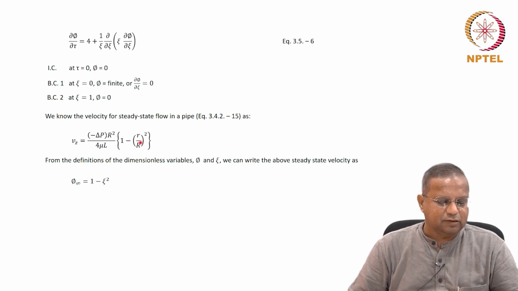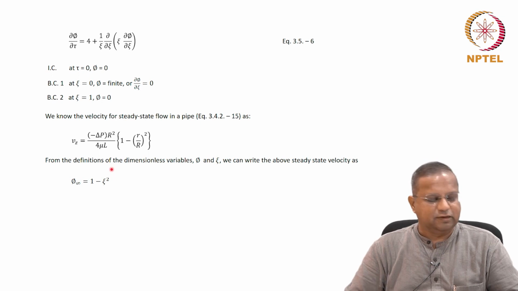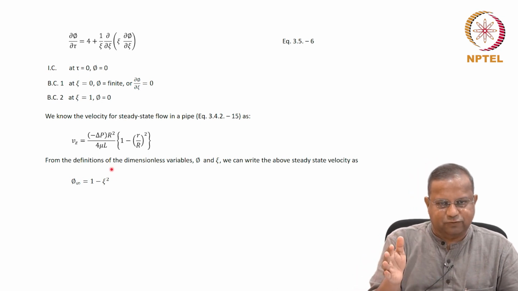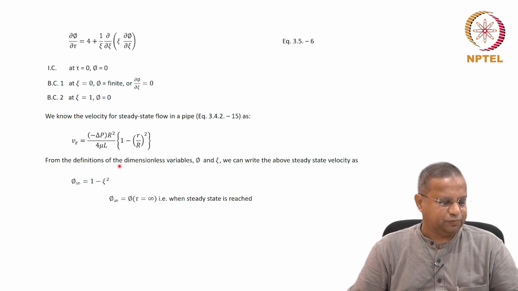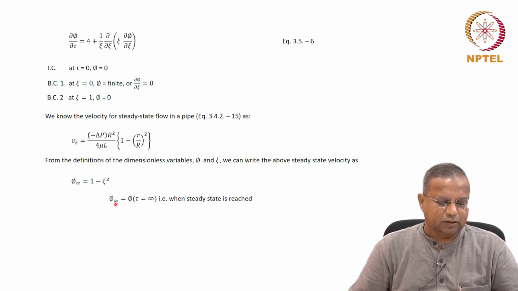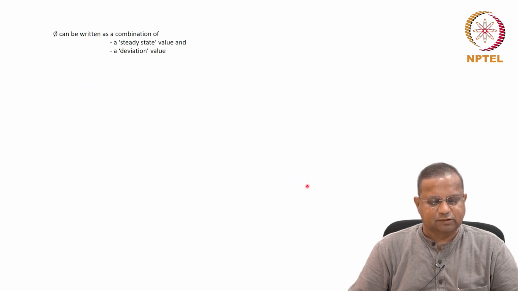You can see how this works. r by R is xi, and the remaining turn out to be phi, and we're calling it phi infinity because it's the ultimate. It is reaching steady state at infinite time for this particular view. Phi infinity equals phi at tau equals infinity when steady state is reached. This is equation 3.5-7.